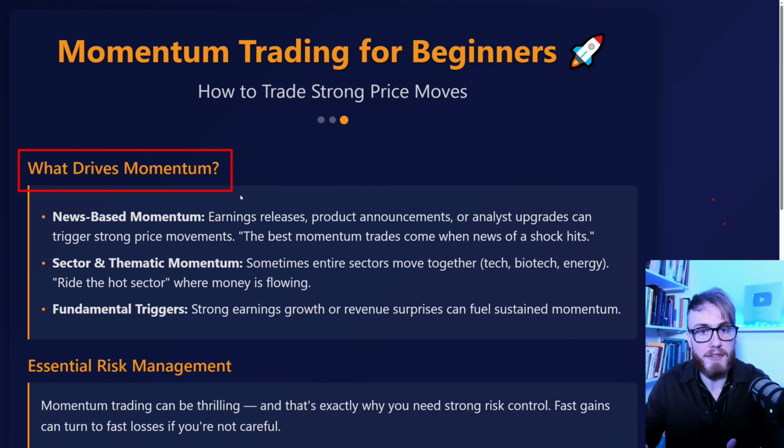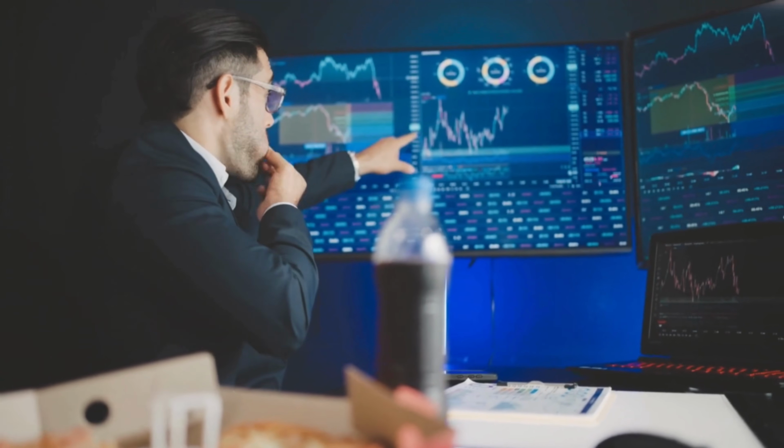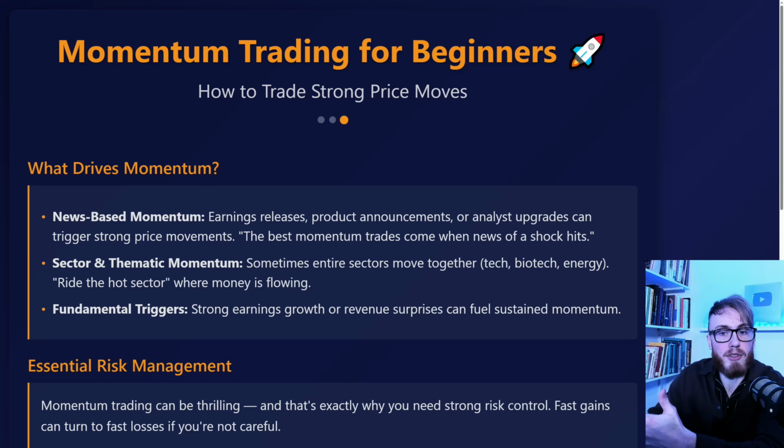But right, so now let's take a look at what actually creates, or in other words, what actually drives the momentum that we as momentum traders are riding. Well, one thing that can drive momentum is news-based momentum. So things like earnings releases, product announcements, or maybe analyst upgrades can all trigger strong price movements. But as technical traders, if we don't want to, we don't have to pay attention to the news.